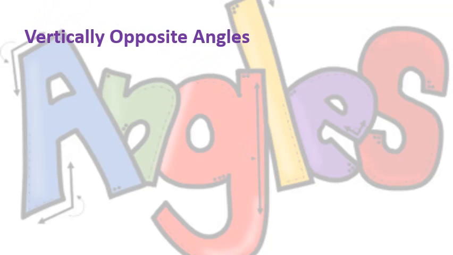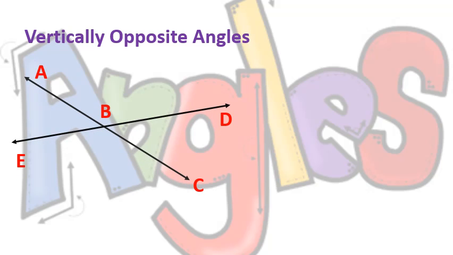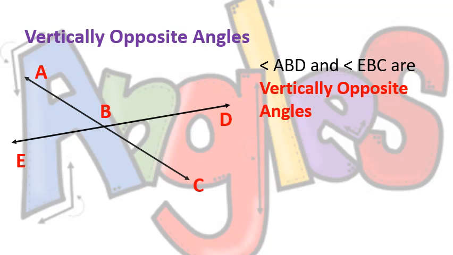Again, now we're starting with something called vertically opposite angles. In vertically opposite angles, let's look at the following figure. If I told you that angles ABD and EBC are vertically opposite, so this angle and this angle, they are vertically opposite angles.